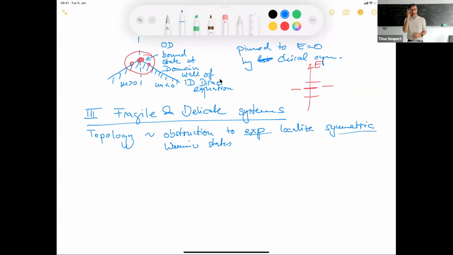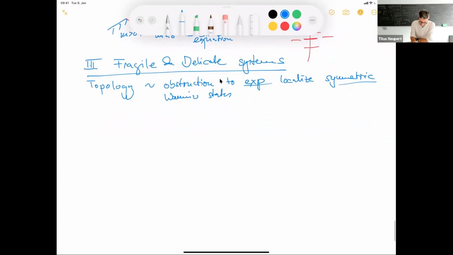Except for the Chern insulator, you can always exponentially localize Wannier states if you don't care about extra symmetries. But if you want the Wannier states also to satisfy, for instance, time reversal or spatial symmetries, then you get this characterization of topology.